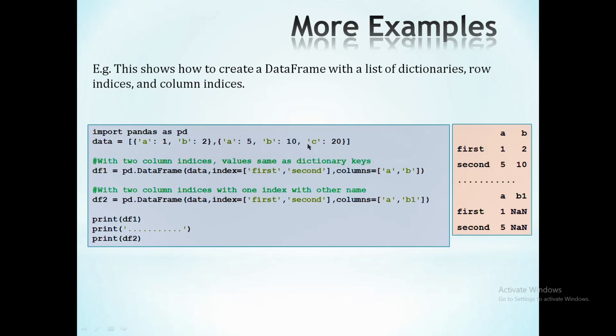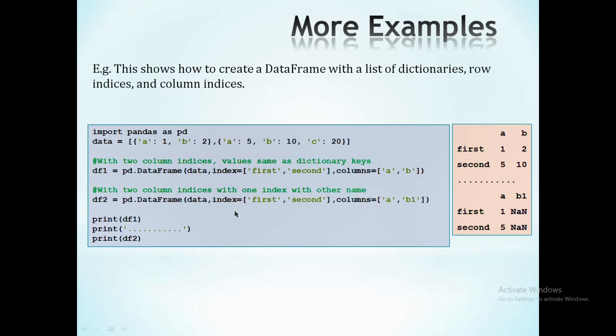Now, with the index and columns arguments, I am giving data, followed by index equal to first and second, and the column names A and B. So the third value, C equal to 20, will be omitted. Only A equal to 1, B equal to 2, and A equal to 5, B equal to 10 will be created.